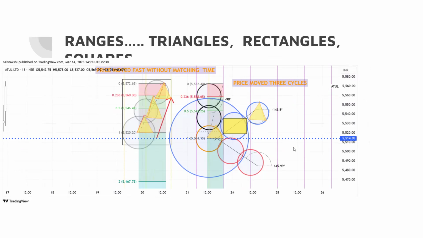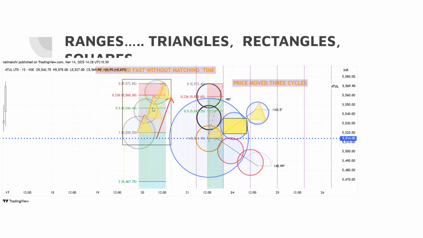In my next slide, I have used triangles, rectangles, and squares. See, these are the triangular moves. It starts moving, and there will be no retracement at all. You might have seen a single day presentation, where a 3 cycle measured move will be seen within a single day.